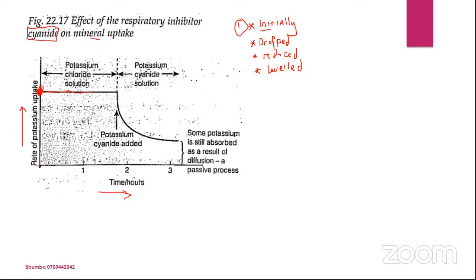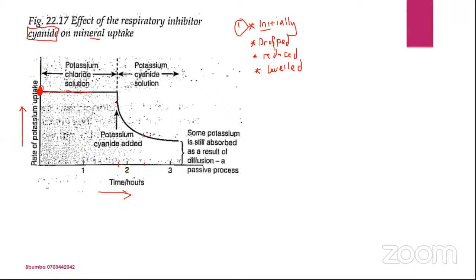Then afterwards you start from, let's say, 0 hours to 1 hour and 47 minutes. Then the rate of potassium uptake is constant. You see, it is constant. Then from 1 hour and 47 minutes to let's say 2 hours and 30 minutes, the rate of potassium uptake decreases gradually.